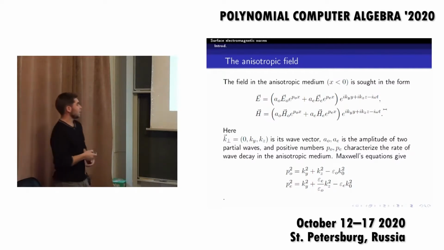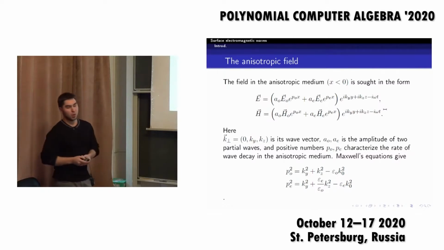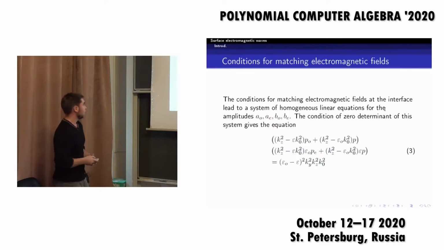Here AO and AE are the amplitudes of the two participating waves, and positive numbers PO and PE characterize the rate of decay in the medium. Maxwell's equations give a system of two equations.